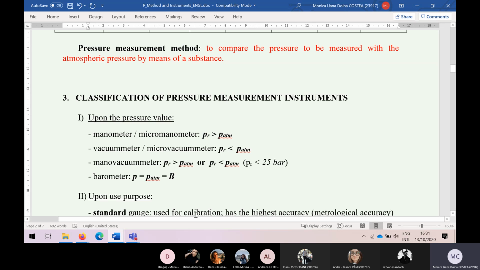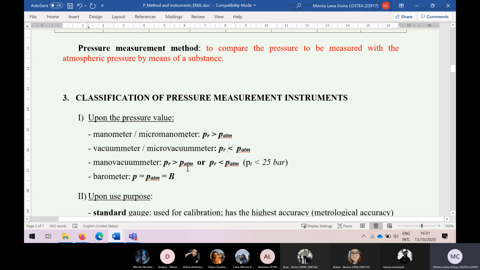Then there are some instruments that can operate as monovacuum meter. I mentioned when we discussed the graph that atmospheric pressure is taken as zero reference.